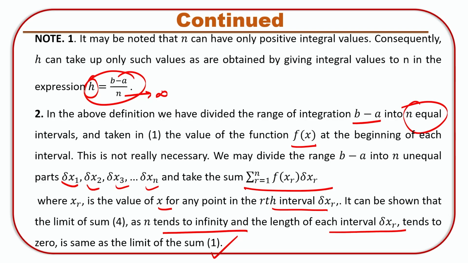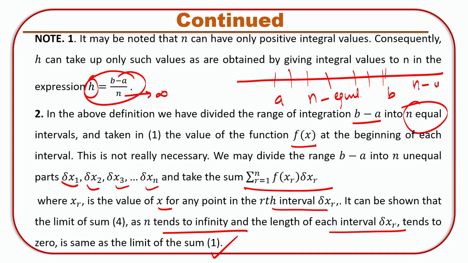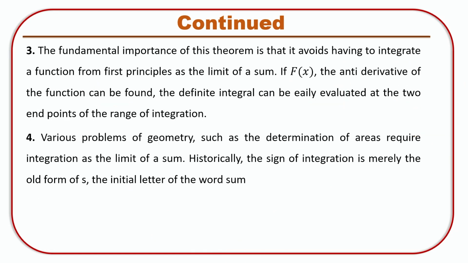So, it does not matter how you are dividing your given interval. It is not necessarily that you are taking n equal subintervals; n unequal subintervals also do the same thing, and we will reach the same conclusion as 1.